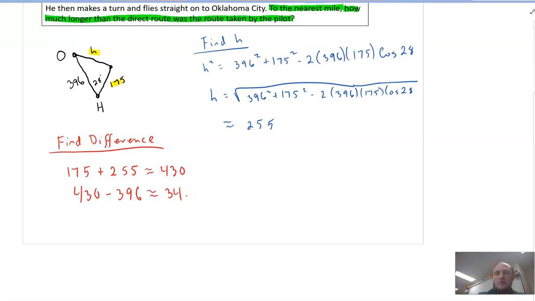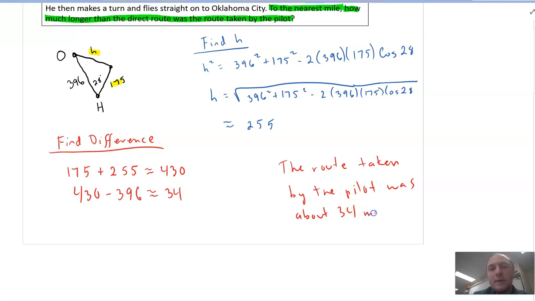So what we can conclude is the route taken by the pilot was about 34 miles longer.